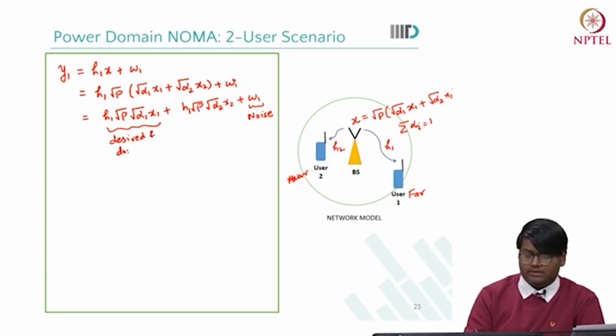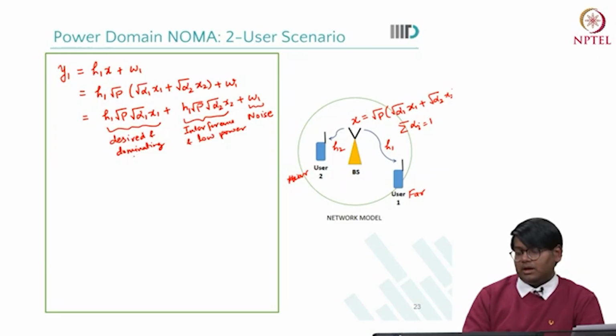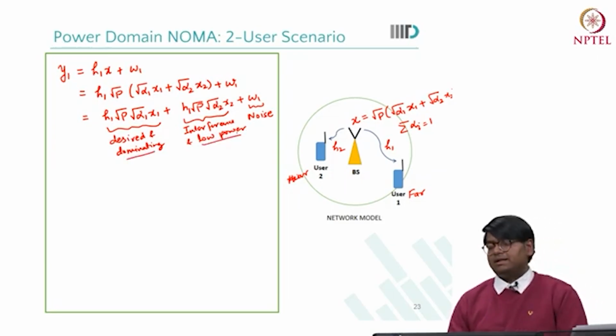Now let me come to this point as well, how I define it to be dominating. This is nothing but my interference, and it has a low power. So how do I define it to be dominating and low power? It is basically for the far user.